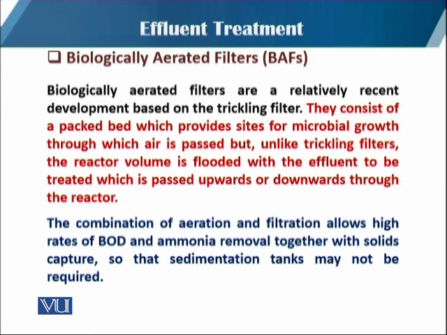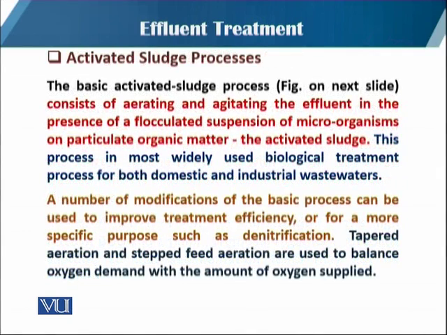As far as the third possible technique is concerned, that is the activated sludge process. The basic activated sludge process, and you can see the whole diagram in the next slide, consists of aerating and agitating the effluent in the presence of a flocculated suspension of microorganisms on particulate organic matter, which we call activated sludge.